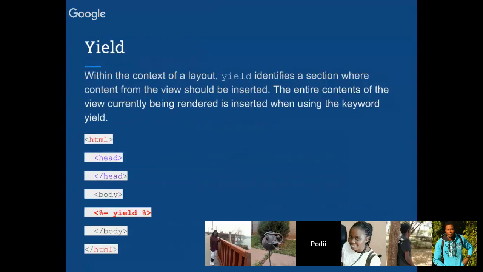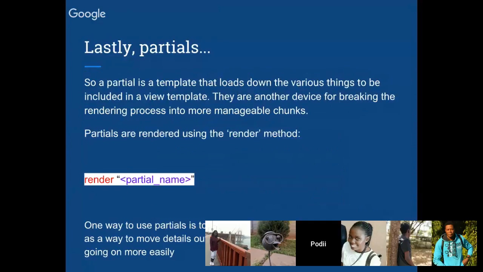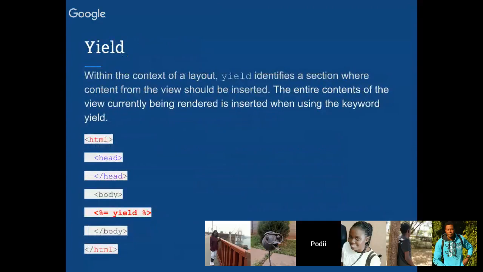That's what head does. And then for yield, when we yield, we provide a layout of our current template that we're working on. With the context of a layout, yield identifies a section where content from the view should be inserted.